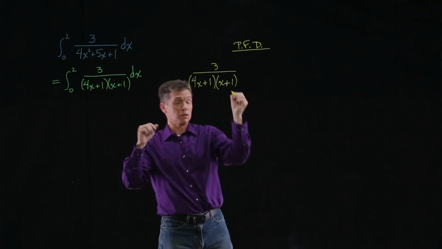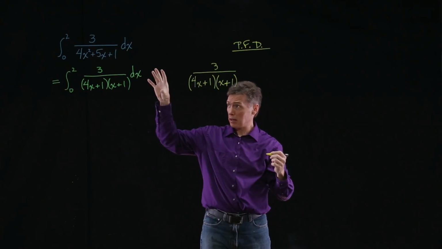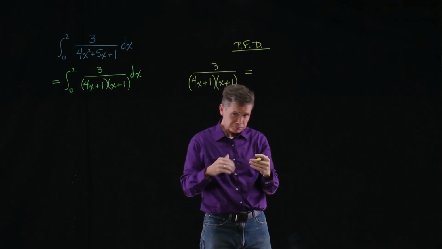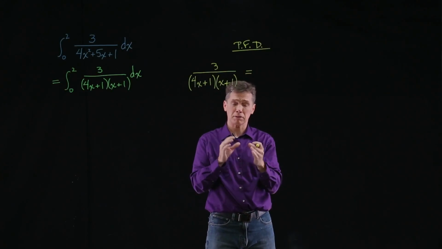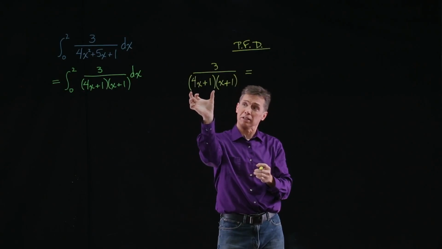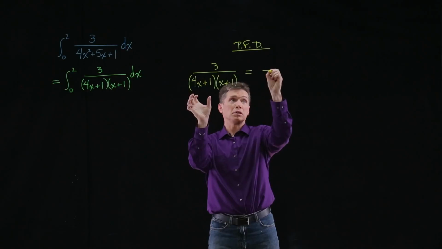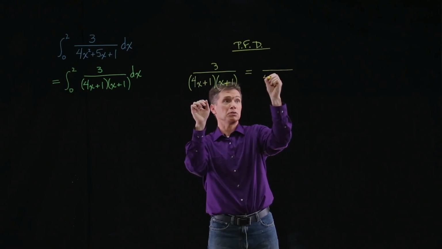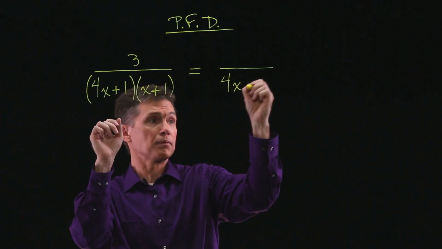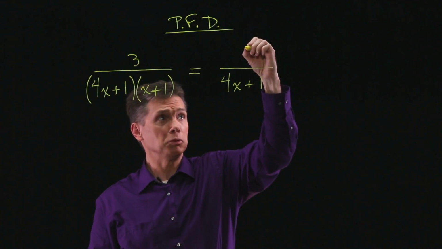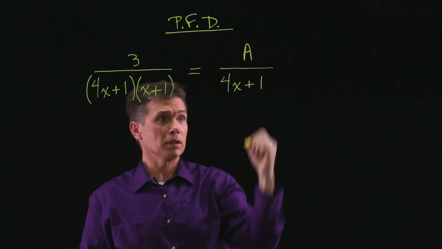So the factored version of that rational expression, we set that equal to, and your setup for partial fraction breakdown is to look at each of the factors in the denominator. In this case, the first one is just 4x plus 1. Since that's linear, all I do is put an A up top.